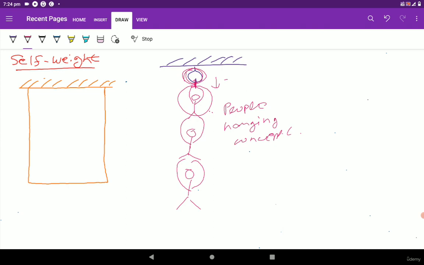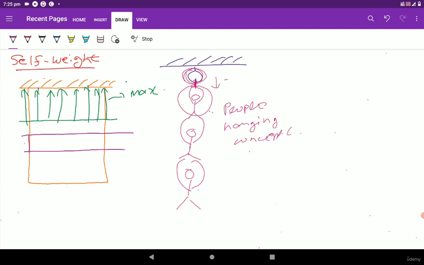Similarly, the stress distribution will look something like this. At this point there will be maximum stress, and the value of stress then goes on decreasing when we move from top to bottom.